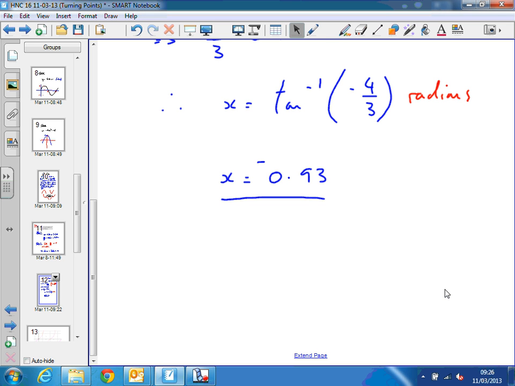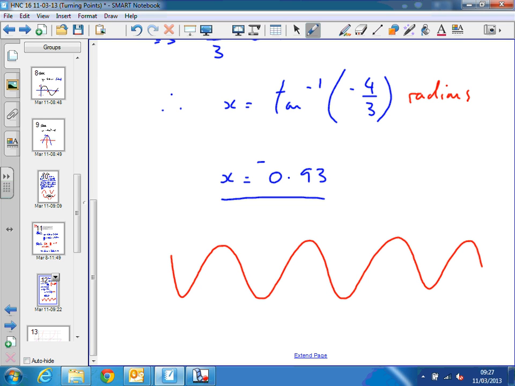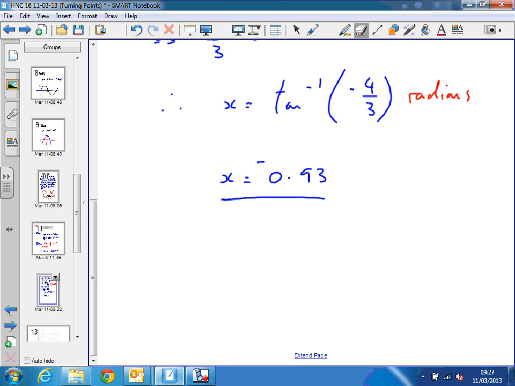So let's look back at the question now, because of course we've got a sine. If we were to sketch this thing, whatever it looks like, it's going to be some sort of wave like this. So there's going to be more than one point at which we've got maxima and minima. So in a case where we've got some periodic wave function, we need to stipulate over which range of values we're going to be finding our value for x.